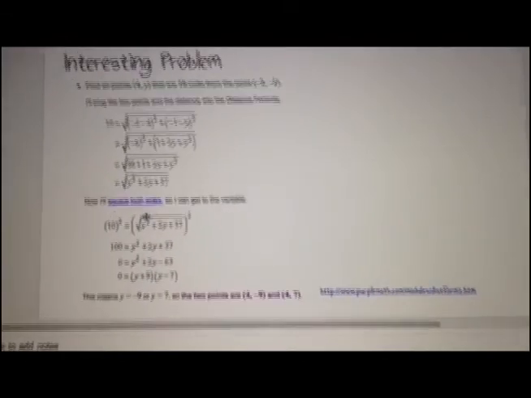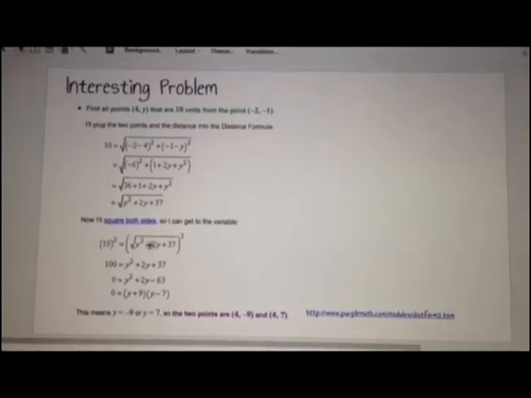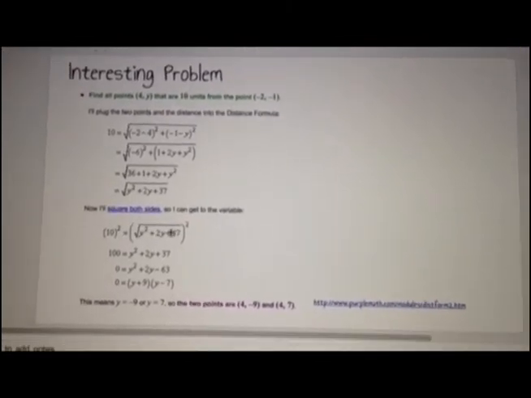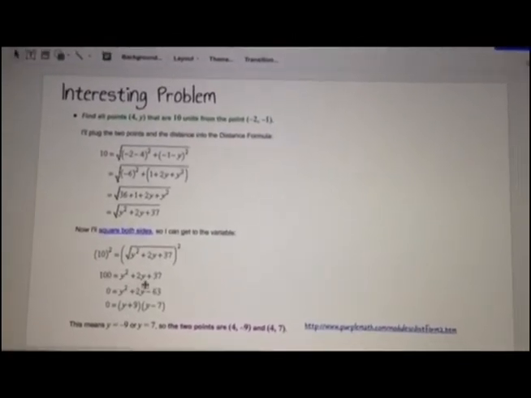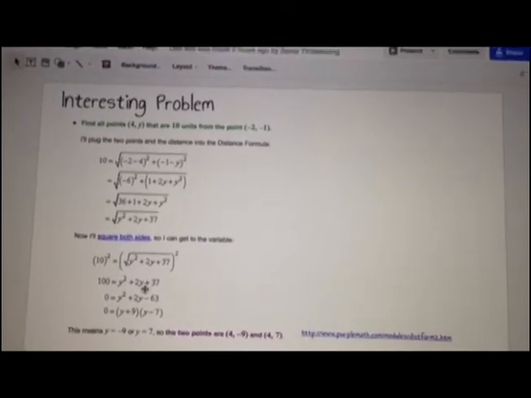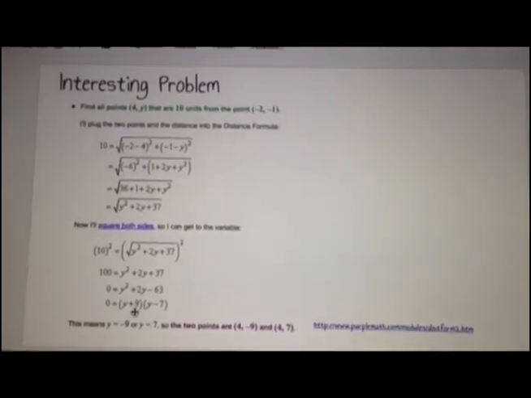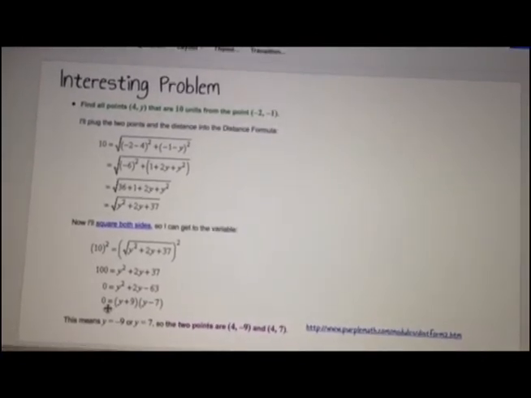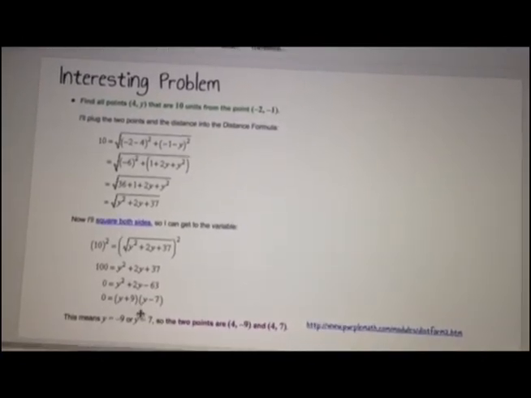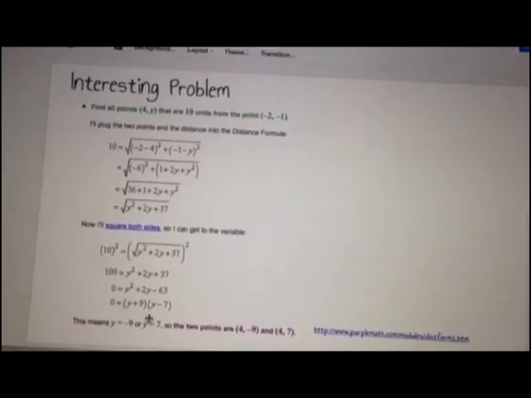Since we're trying to find what the y value is, we want to square both sides to get rid of the square root on this side, and then we have 100 over here, and we have a basic quadratic in terms of y. So we factor it, and we have 0 equal to (y plus 9) multiplied by (y minus 7).